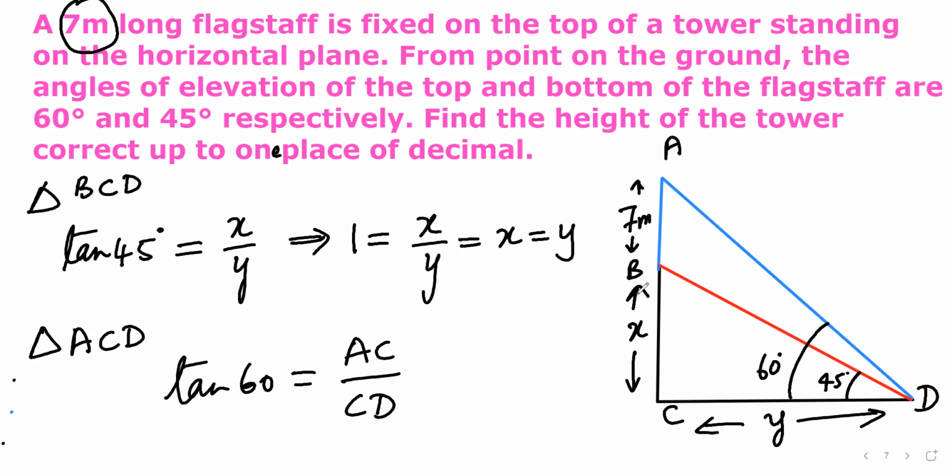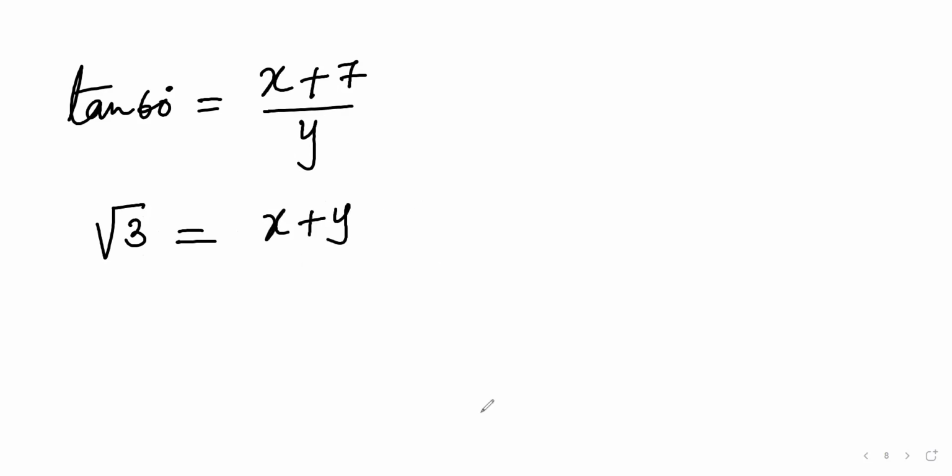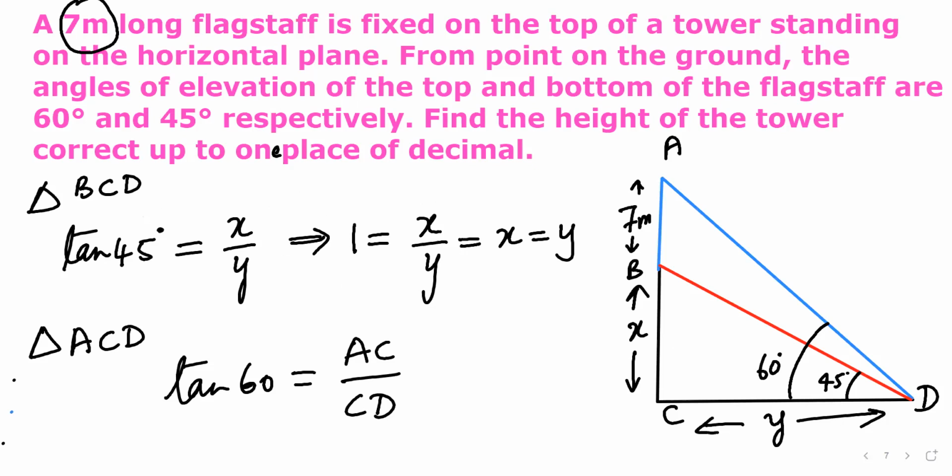From A to B is 7 and B to C is x. And the base is y. So tan 60 equals (x plus 7) divided by y. And tan 60 equals root 3. So (x plus 7) divided by y, and y is x only, because from the previous triangle we got x equals y.